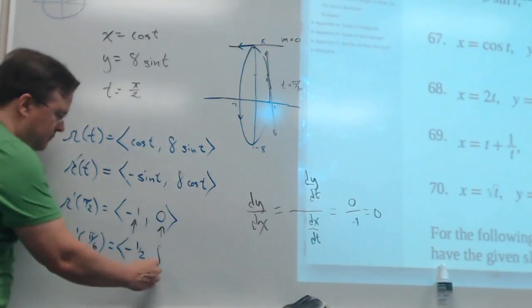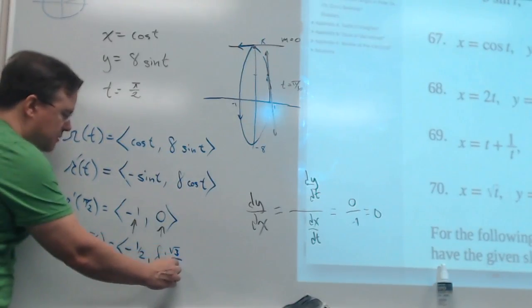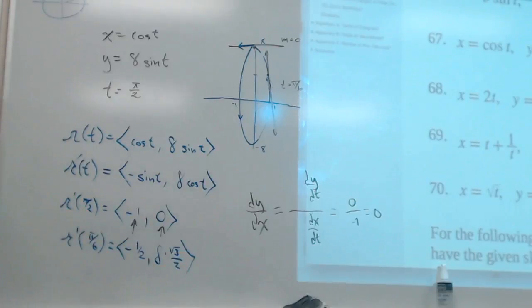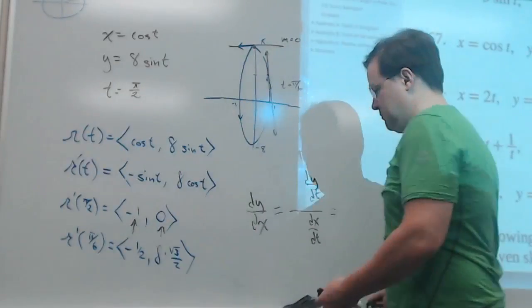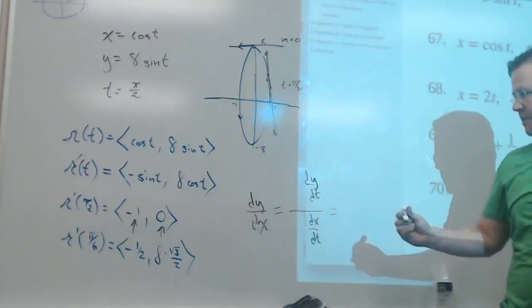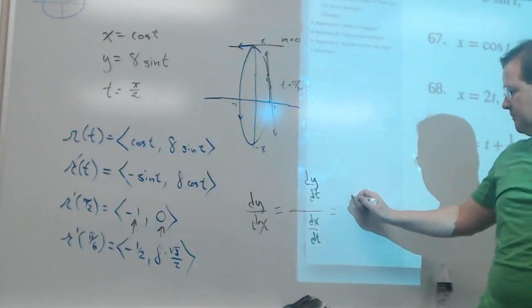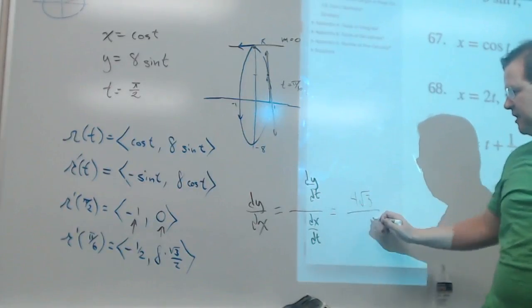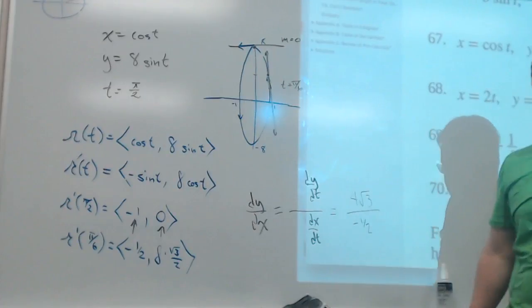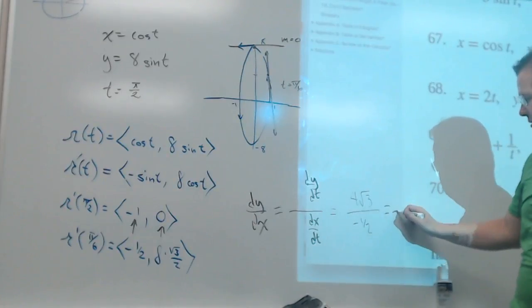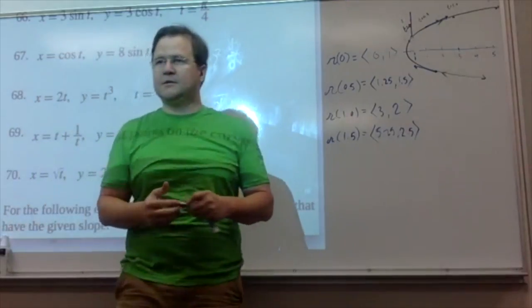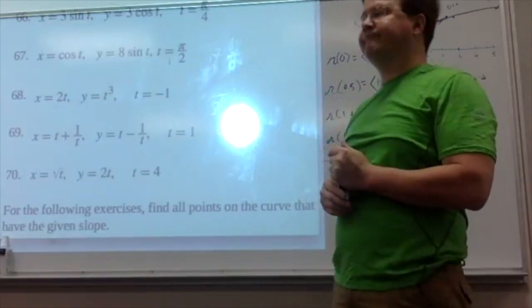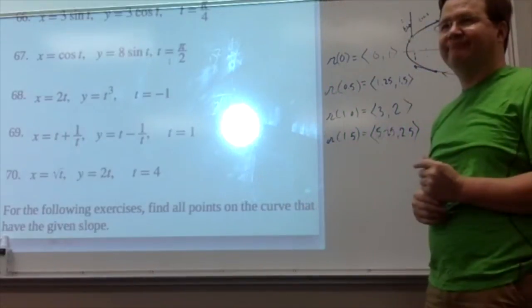The cosine is root 3 over 2, times 8, so 4 root 3. In this case I would have 4 root 3 divided by -1/2, also known as multiply, whatever that is, smaller than negative 8.